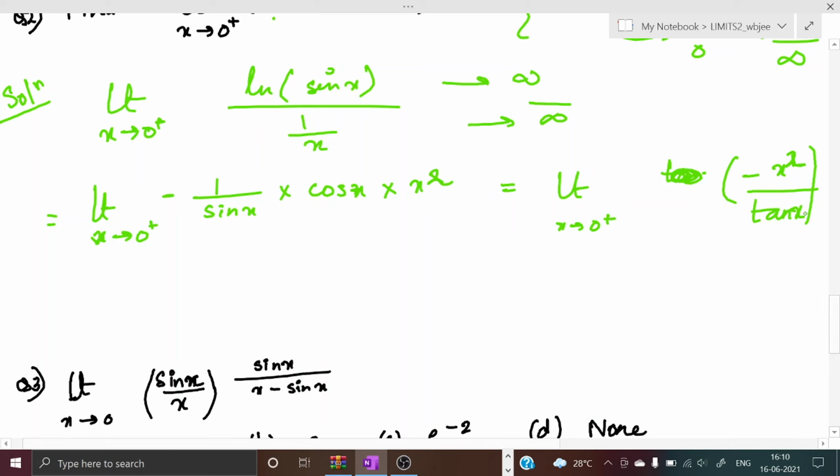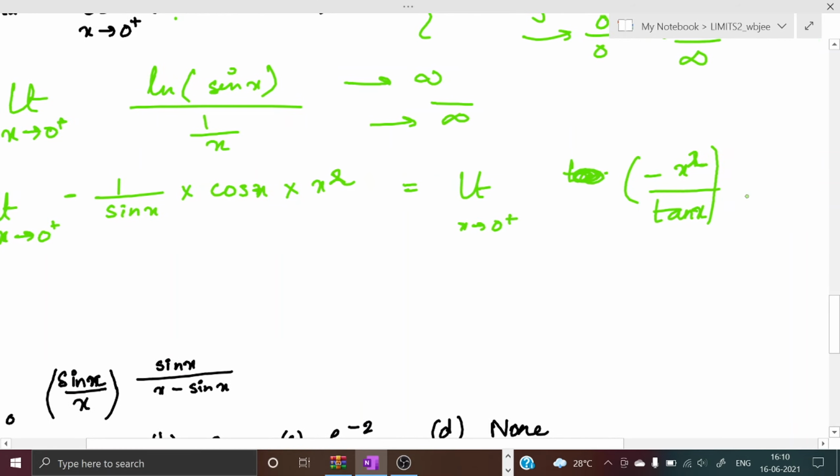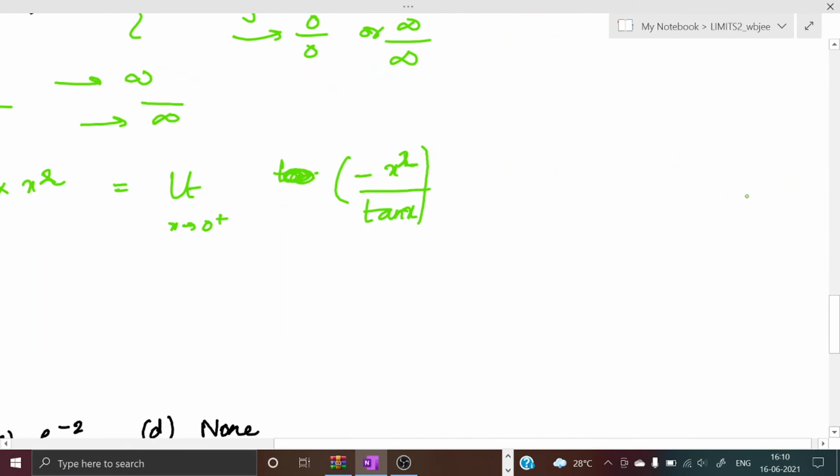If you differentiate it once more, both the numerator and the denominator, we get 0 by 0 form.